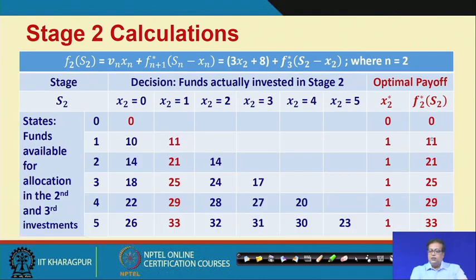See this 2, that is this 21. If you look further, x 2 equals 1, and the total money was 2, which means 1 was from the previous stage.